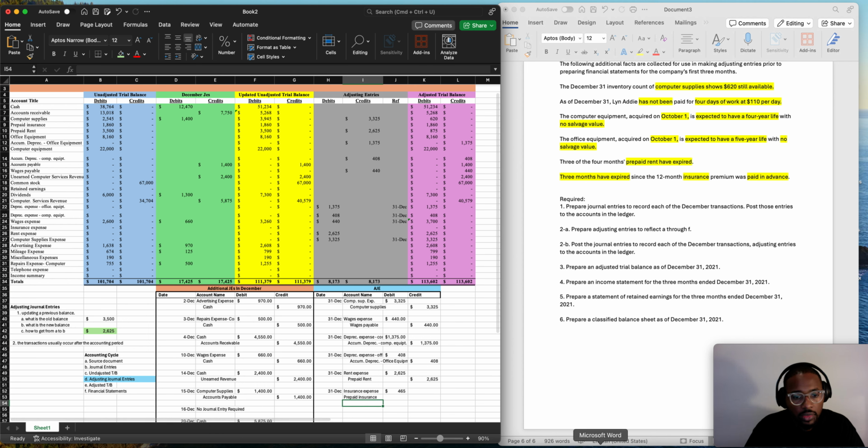Okay. So we're going to debit insurance expense. We're going to credit prepaid insurance, and we're going to make it known here. So our prepaid insurance is going to be credited, as you see here, for 465, and you see that's going to update. So that updates the balance from it started with prepaid insurance at 1860 minus we want to reduce it by what expired, 465.